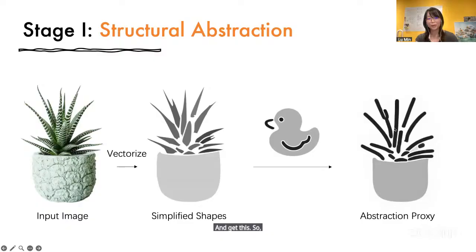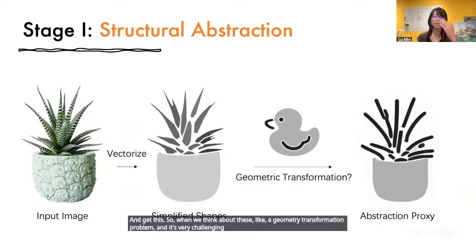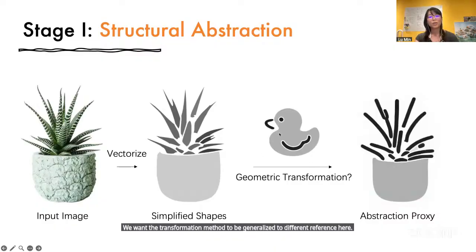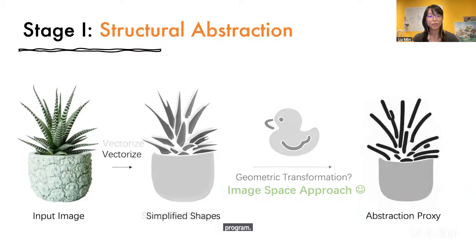When we think about it, it's a geometry transformation problem. And it's very challenging because we want the transformation method to generalize to different references. So we shift this problem a little bit. We make it an image space generation problem.